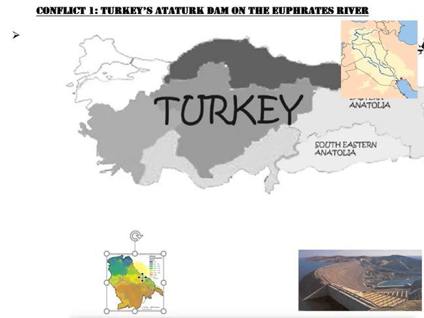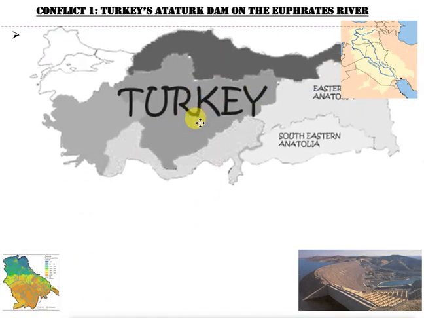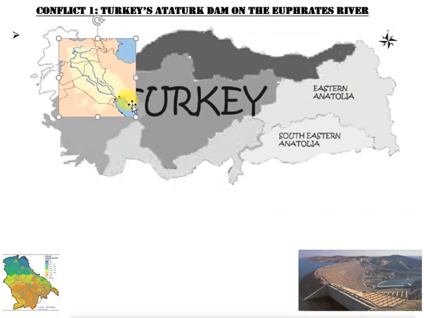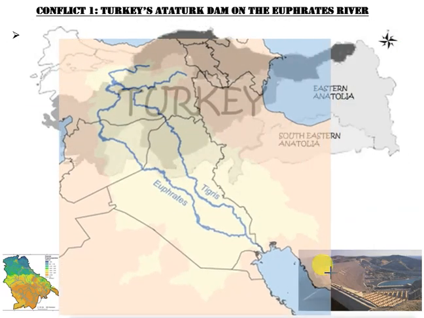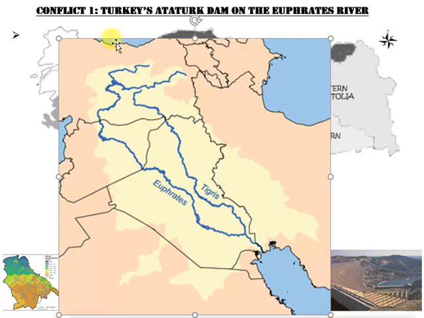Turkey then. Right, and I'm going to bring in an idea of key players' values, attitudes and motives. So, this is Turkey. You can see that the Euphrates and the Tigris are two crucial flows and stores of water for a very arid region.